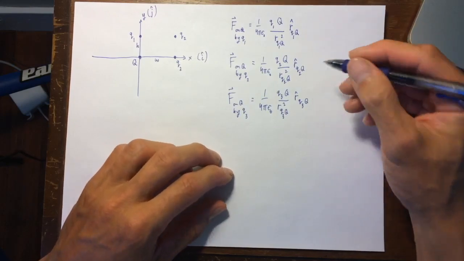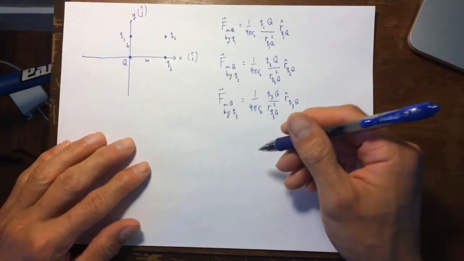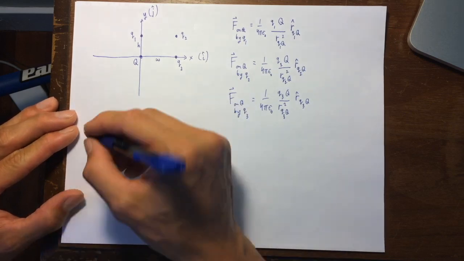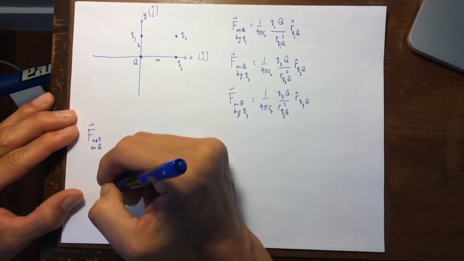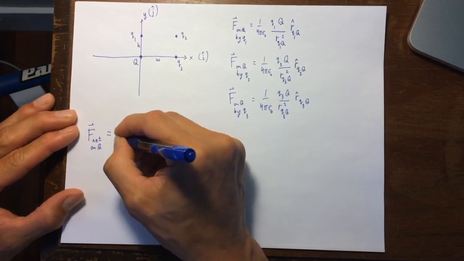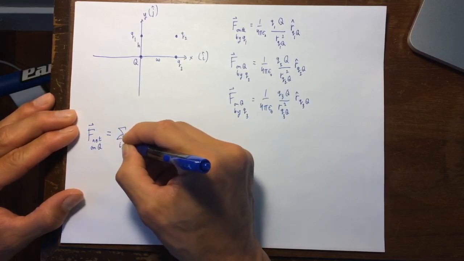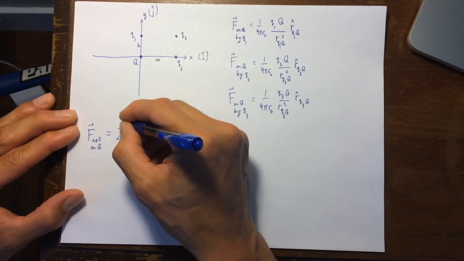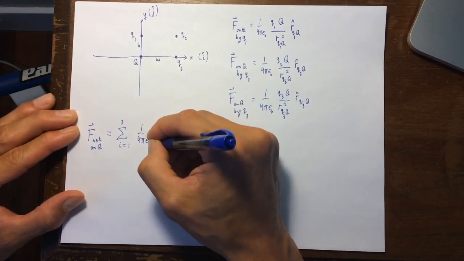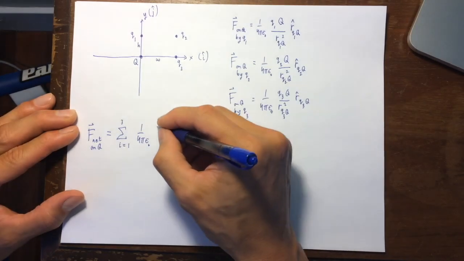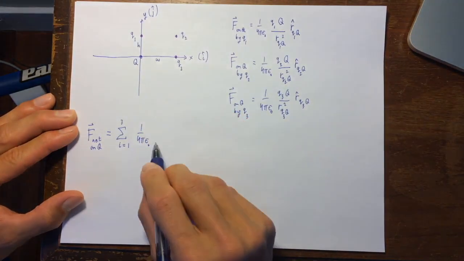There is a shorthand for this expression for the net force. Sorry to move the paper around. So the net force on capital Q is the sum from I equals 1 up to 3 of 1 over 4 pi epsilon naught. I'm going to pull a fast one.